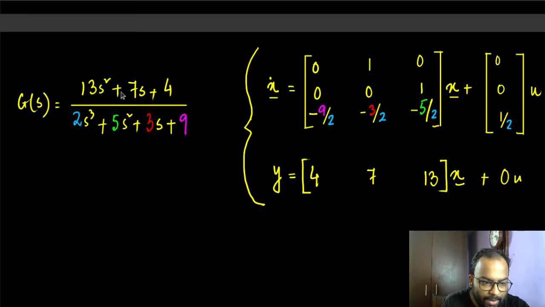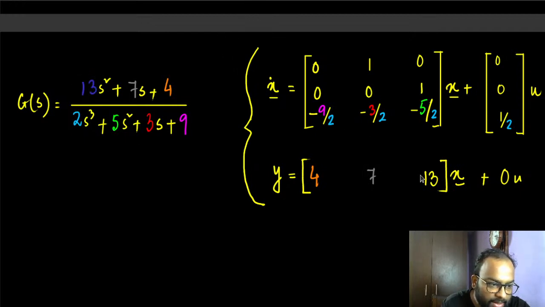And what about this 4, 7, and 13? We see that 4, 7, and 13 are appearing here. So let me use different inks. That's 4, and that 4 is appearing here. That's 7, and that 7 is appearing here. And that 13, what ink am I going to use for that?